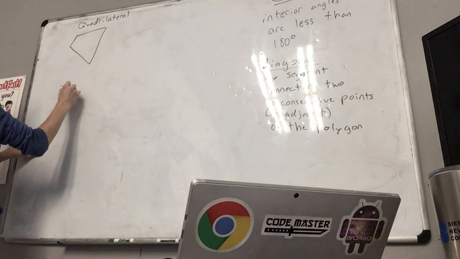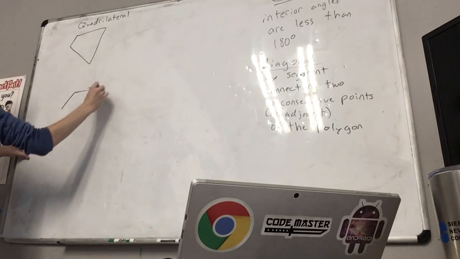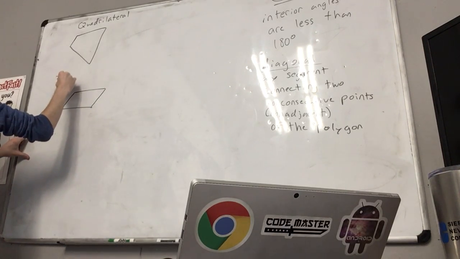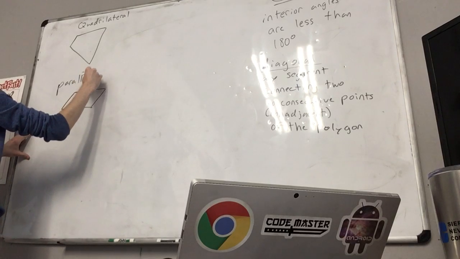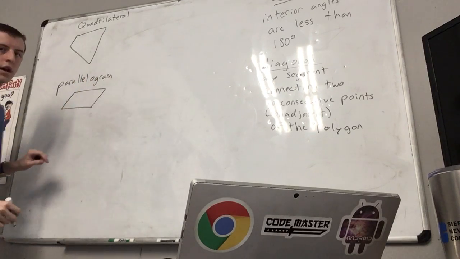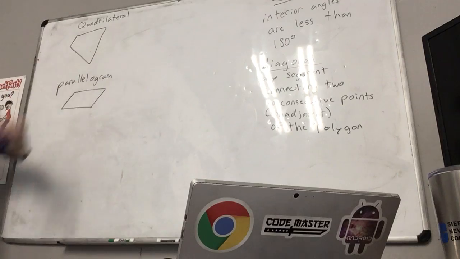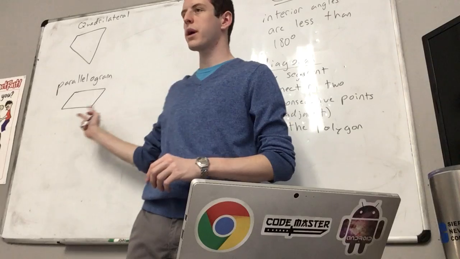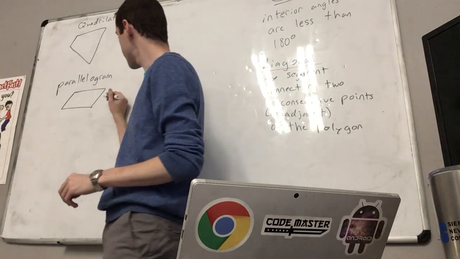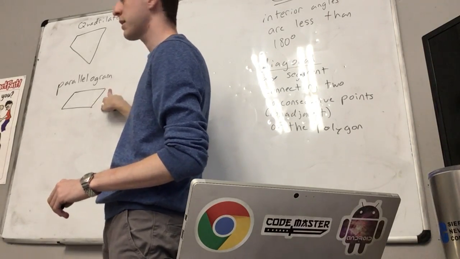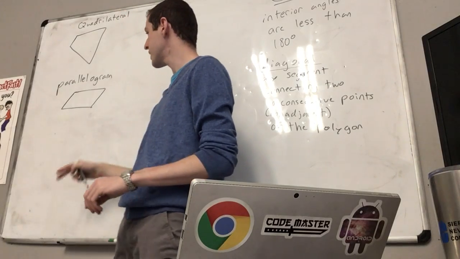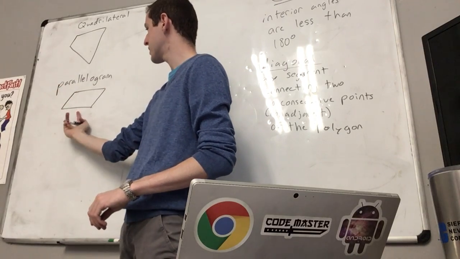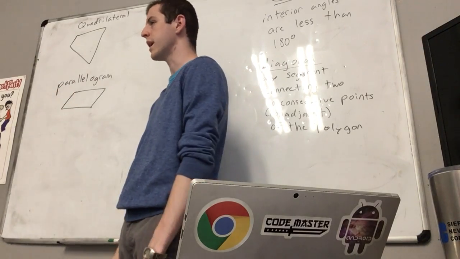Our next one is a parallelogram. So a quadrilateral just has four sides. A parallelogram says that it has two sets of parallel lines. So if we said this line segment was AB and this line segment was CD, AB would be parallel to CD, and then CA would be parallel to BD.